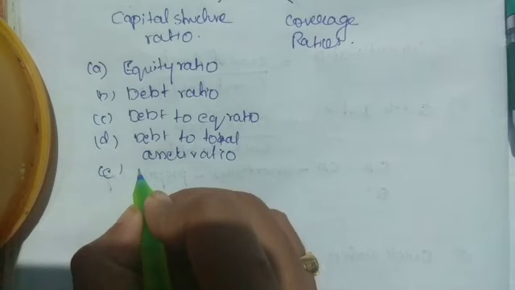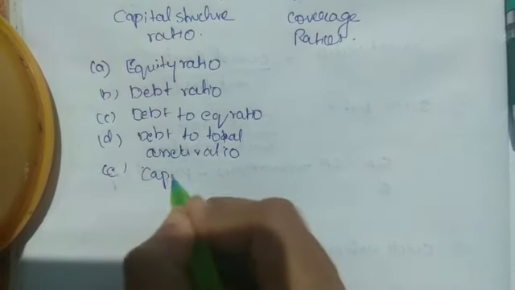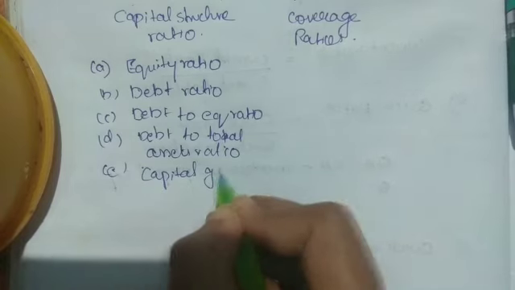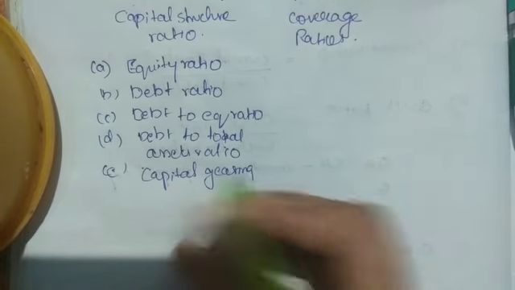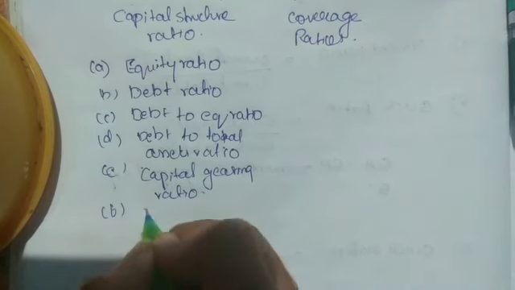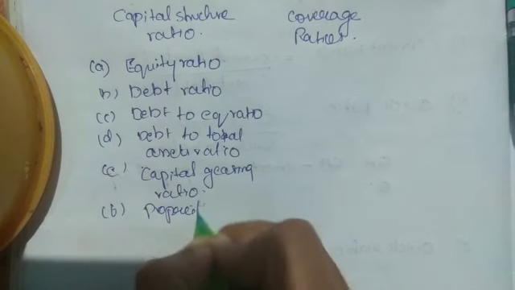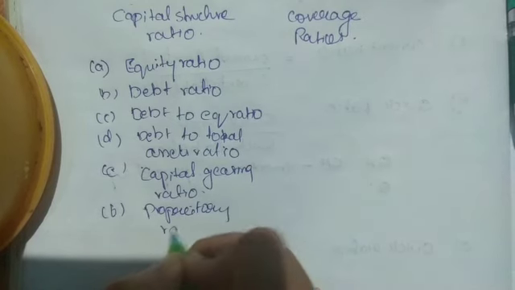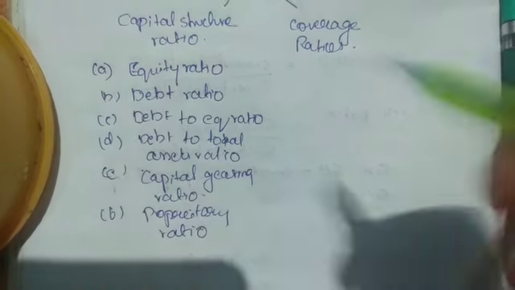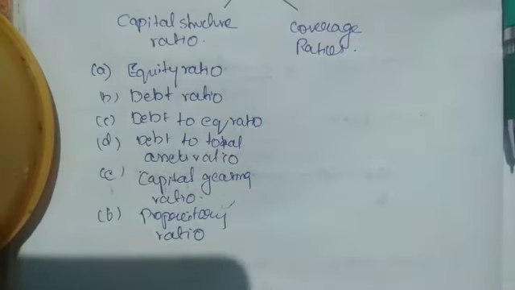Fifth is capital gearing ratio. And the sixth one is proprietary ratio.